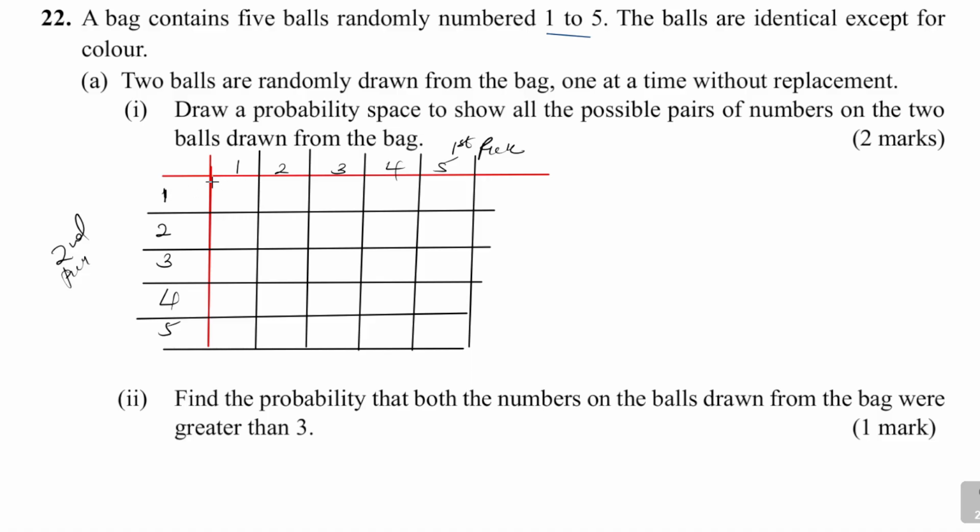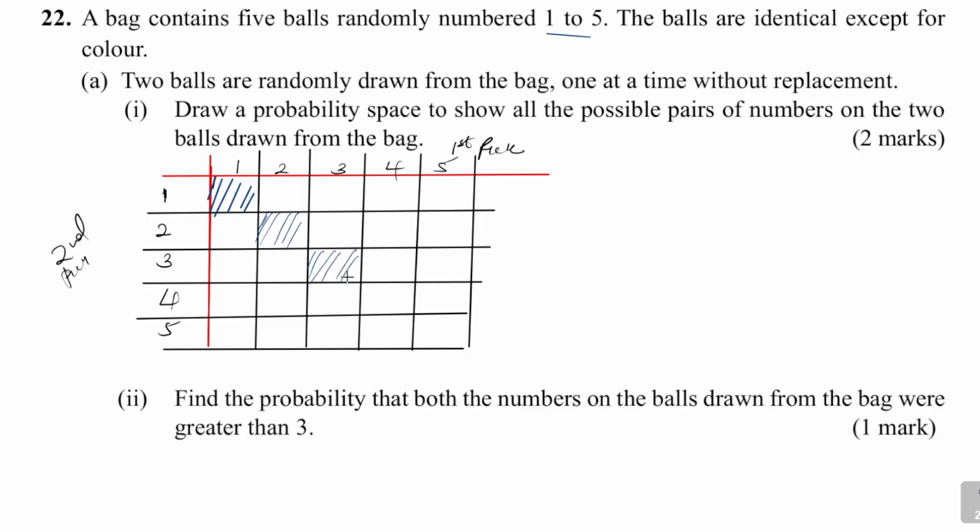Like for this one, you'll get 1, 1. So we're not going to include this one, where we shall have the 2 having the same number. 2, 2. We have 1, 1. We have 3, 3.